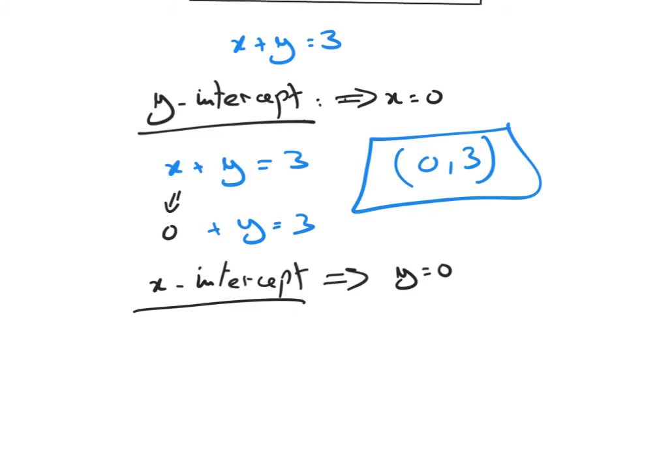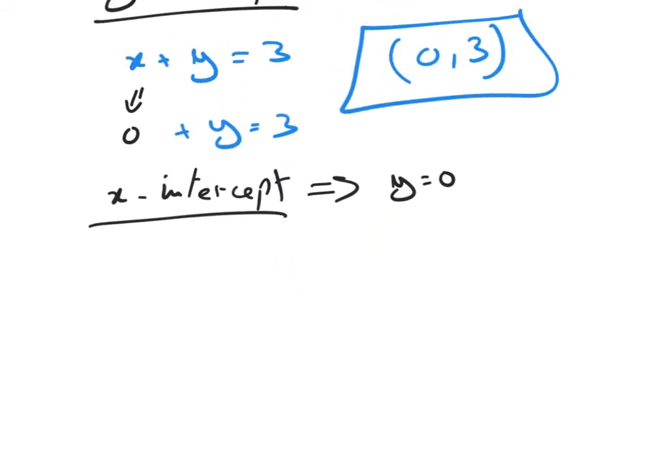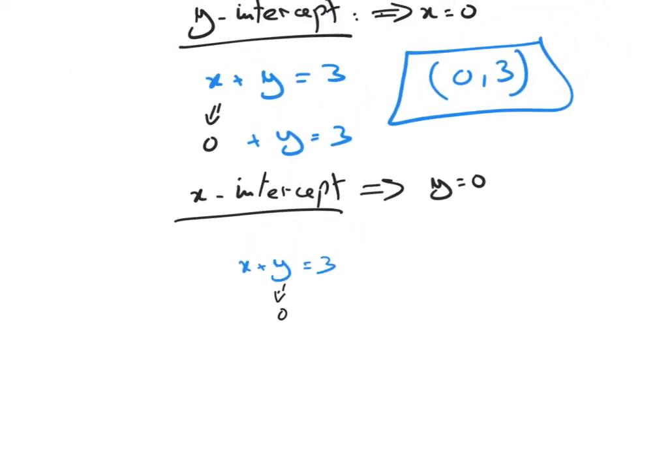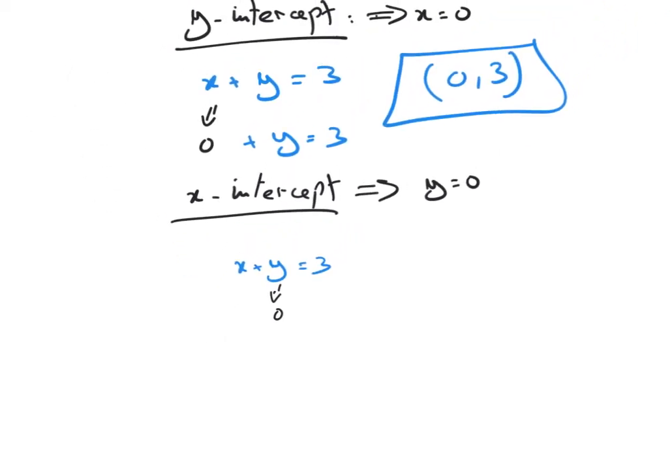So we have x plus y equals 3, and I substitute y by 0. In this case, x equals 3. So when y is 0, x equals 3. My second point is 3 and 0.